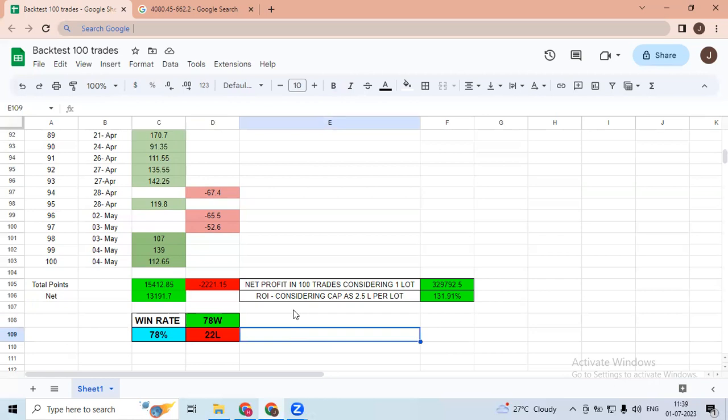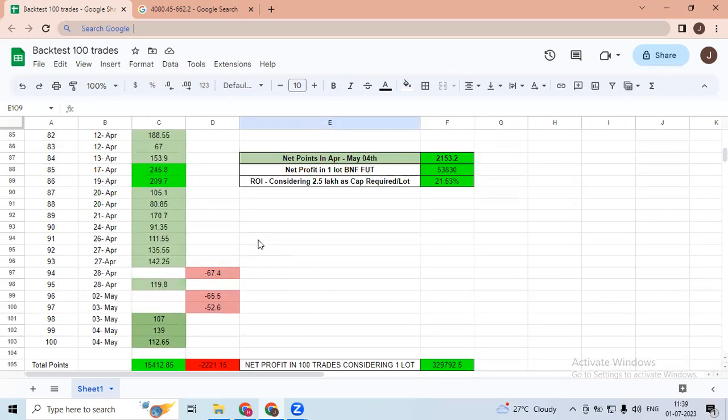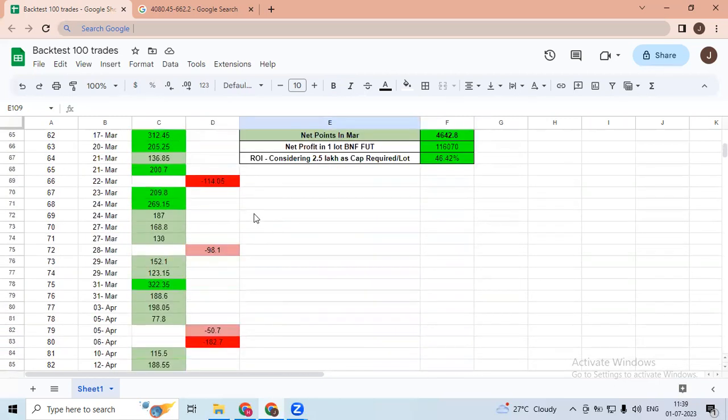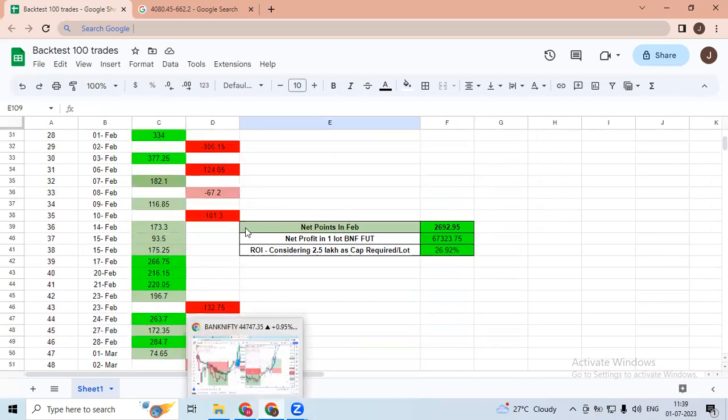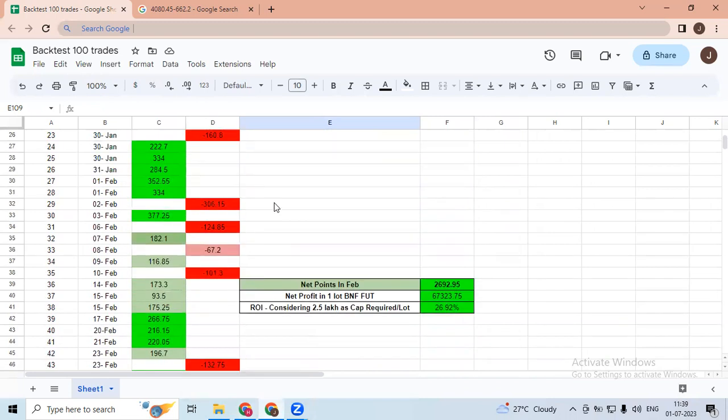I guess having 78% as the win rate for a strategy where you are aiming for 1:2 all the time is a very big thing. And guys, I am being very transparent with you. Even while showing you the demo trades, you saw that there were two trades which took the SL and two trades which took the target.